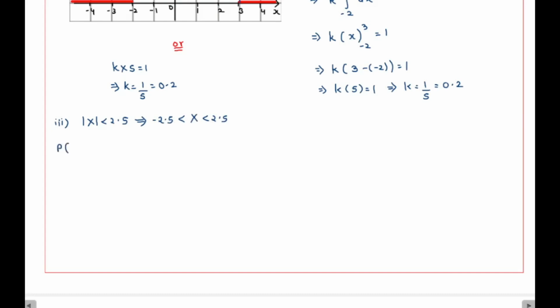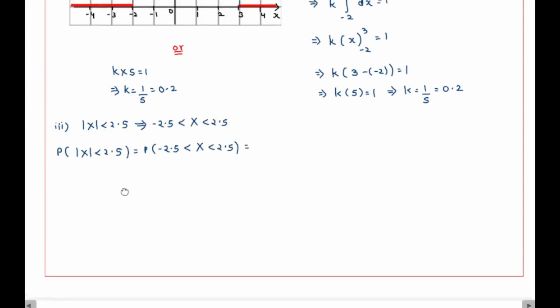So probability of mod of x being less than 2.5 is equal to probability of x lying between -2.5 and 2.5, correct? So I have to find out this particular probability.